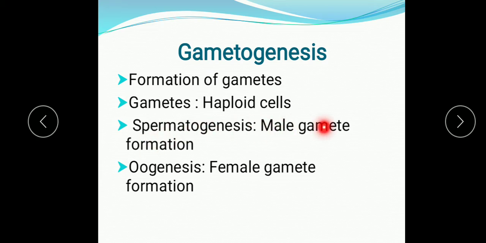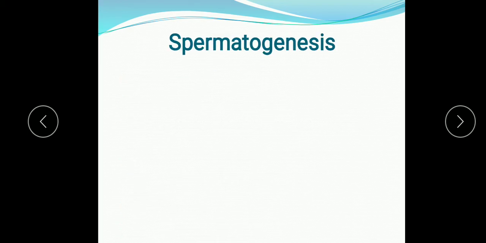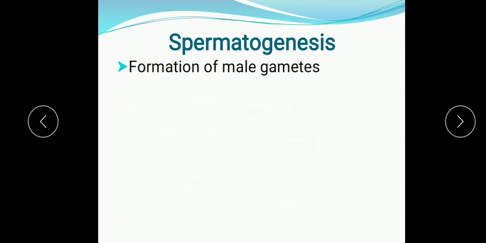The formation of the male gamete is known as spermatogenesis, and the formation of the female gamete is known as oogenesis. Male gametes are termed sperm and female gametes the ovum. So today we will study the first process in gametogenesis, that is spermatogenesis. What is spermatogenesis?